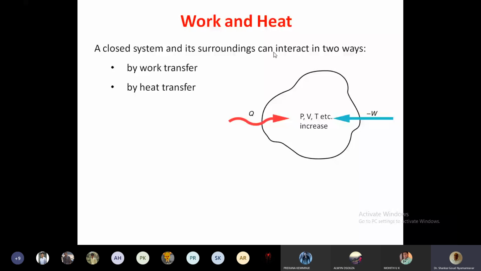Similarly, if you add work, then also the properties will increase. Whether I add heat or work, both of them cause the same changes. Both work and heat can produce similar results. Whatever you can achieve by heat transfer, you can achieve as well by work transfer. So addition of work or heat causes an increase in properties of the system.